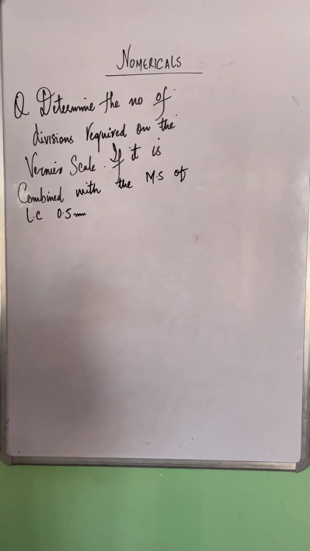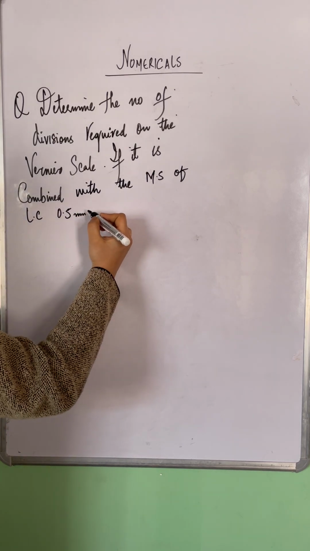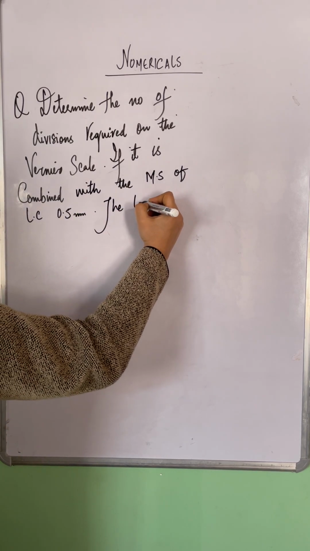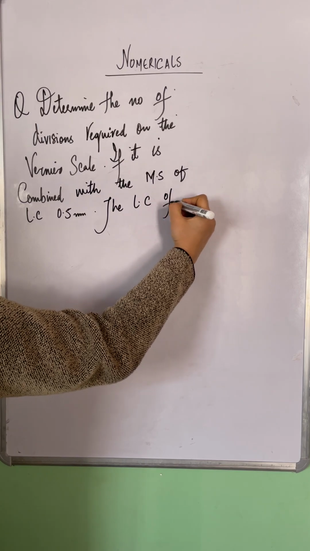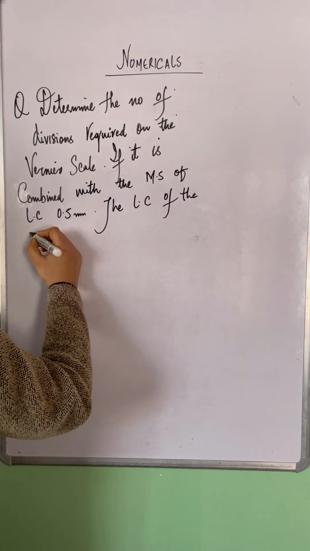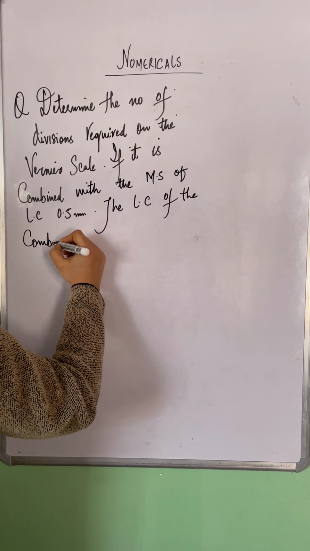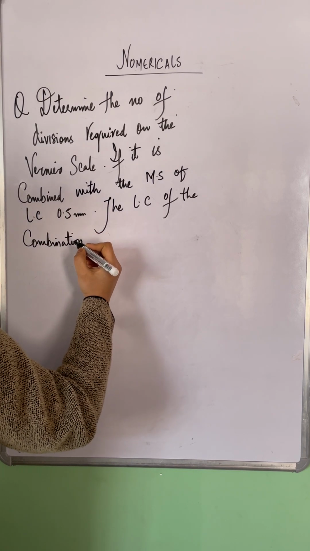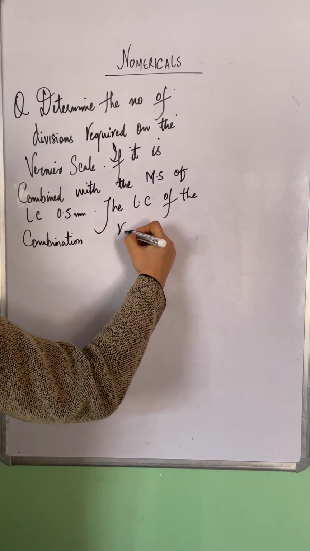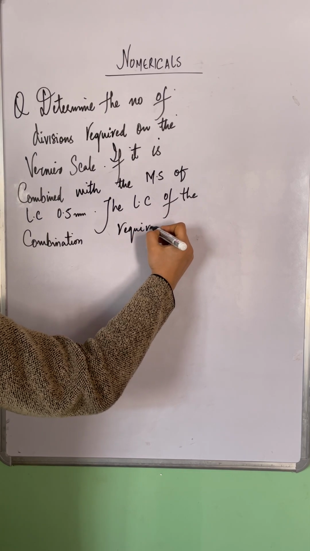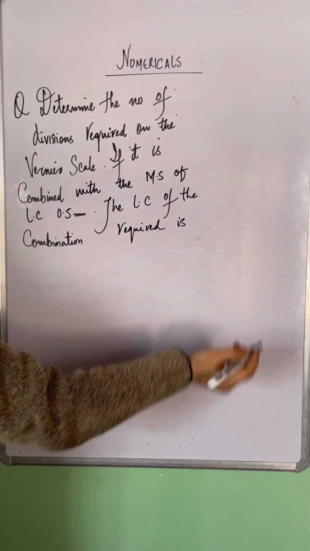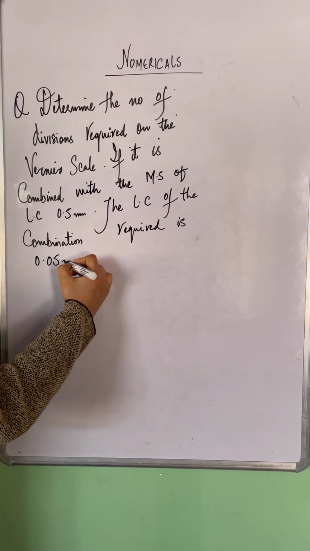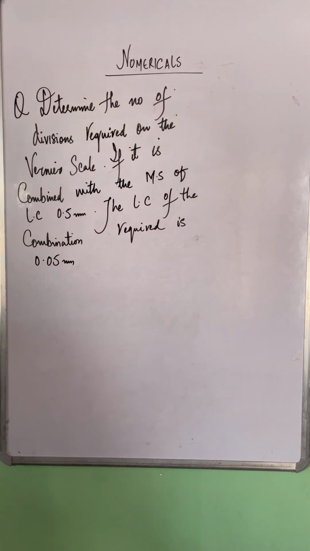The least count of combination required is 0.05 mm for the direct vernier.